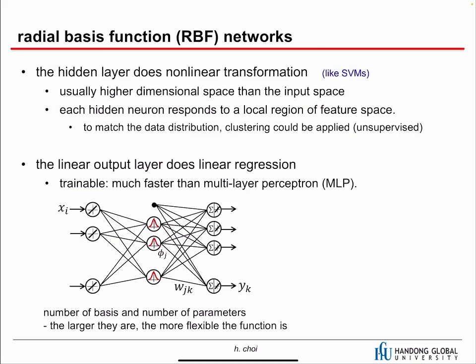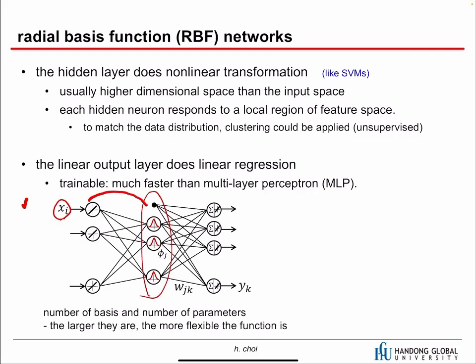And it looks like this, first of all. The hidden layer does nonlinear transformations. From input x, we apply the nonlinear functions so that we have a hidden layer representation. This layer is fixed.